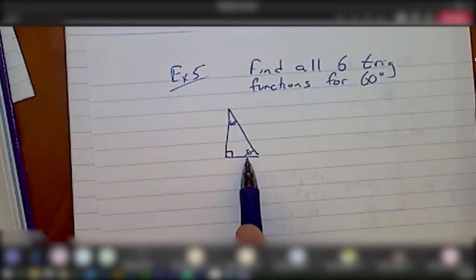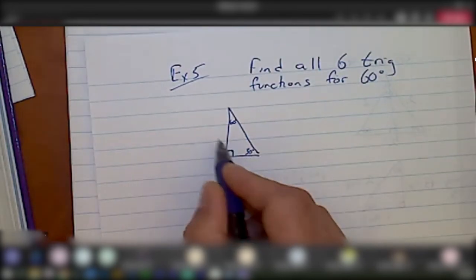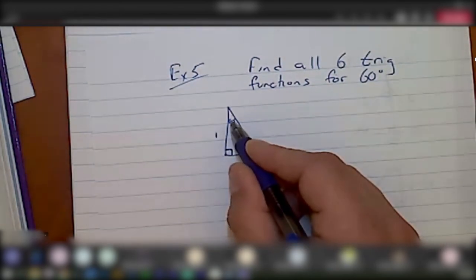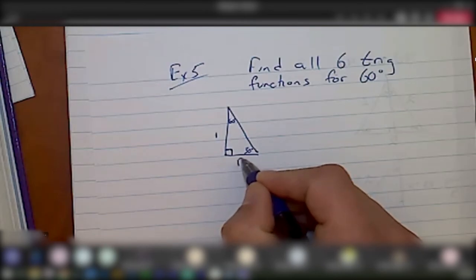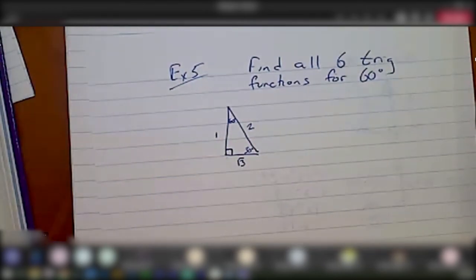I know that the short leg is across from the short angle, so it's 1. The other long leg is across from the 60-degree angle, which is root 3. The hypotenuse is 2. Again, the quicker you memorize these, the quicker it's going to make life easy.